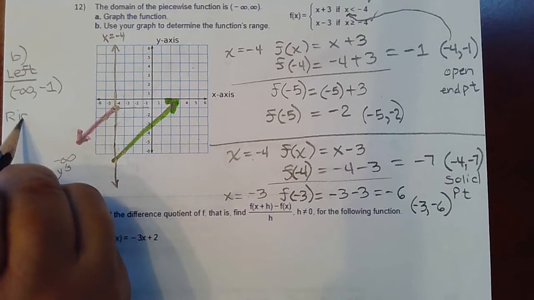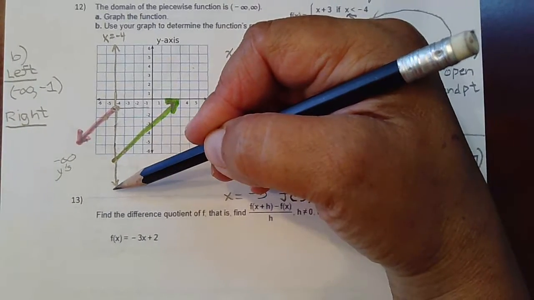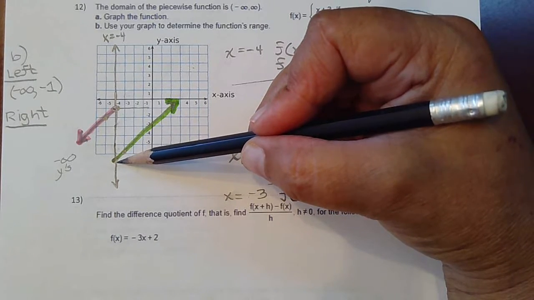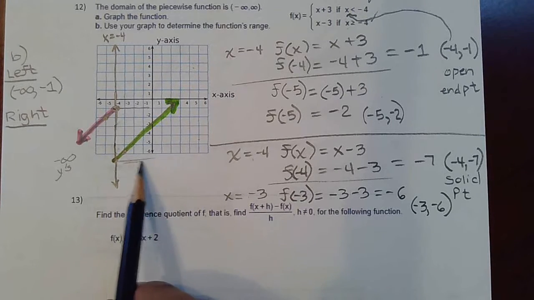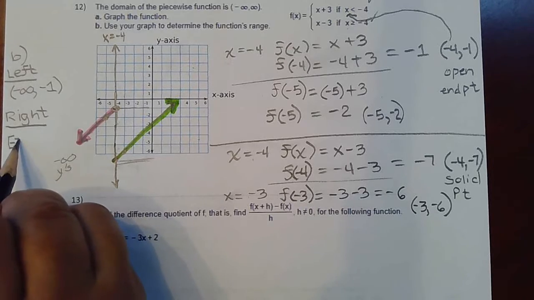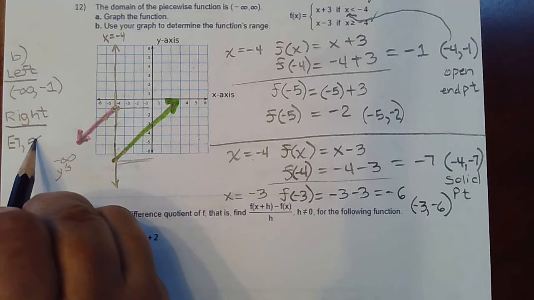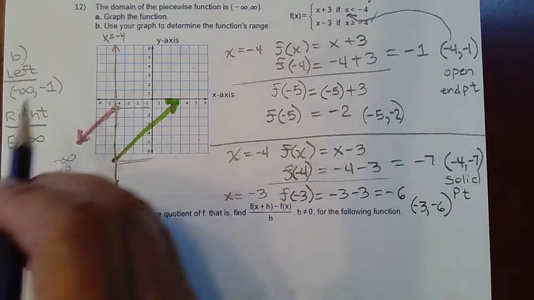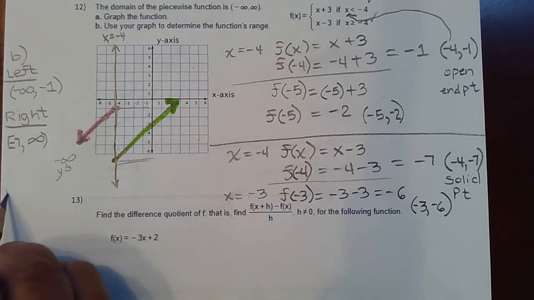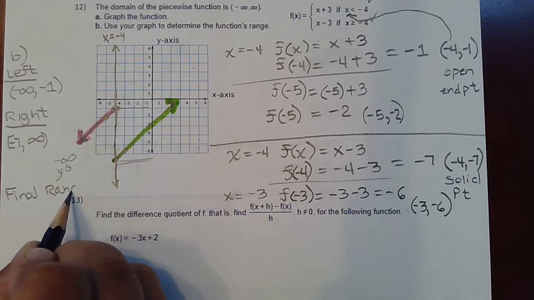And then the rightmost piece, the graph on the right side of this line called x equal to -4, the very lowest y value you have is down at -7. And then that goes as high as positive infinity. So now when you go to do the final range, you're going to do the union of those two.